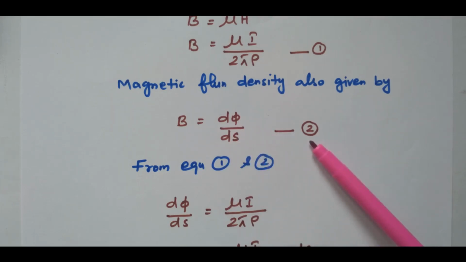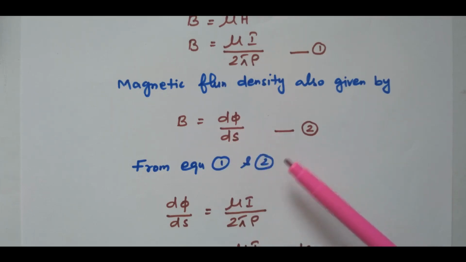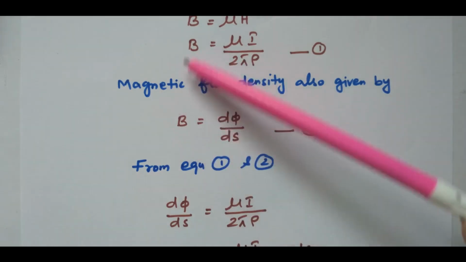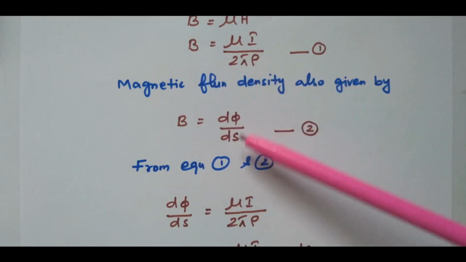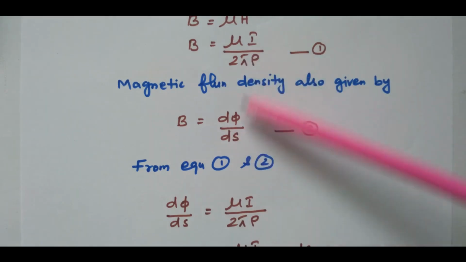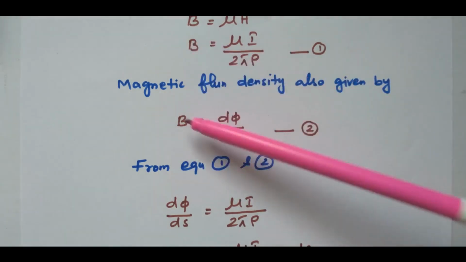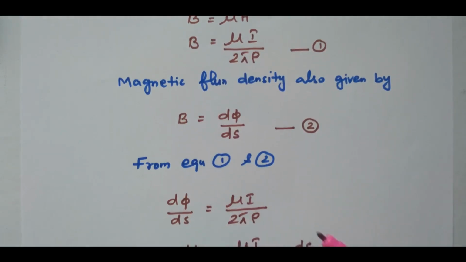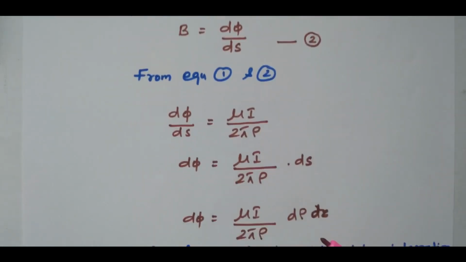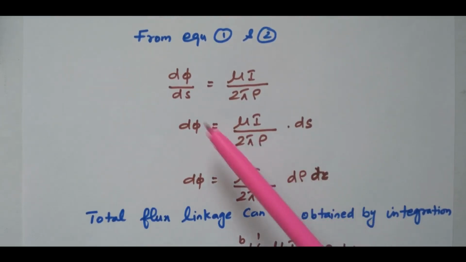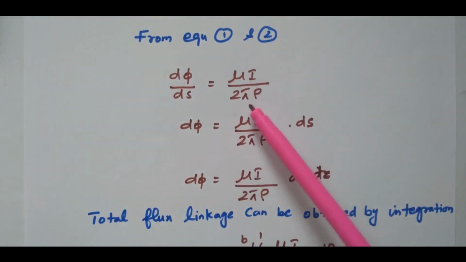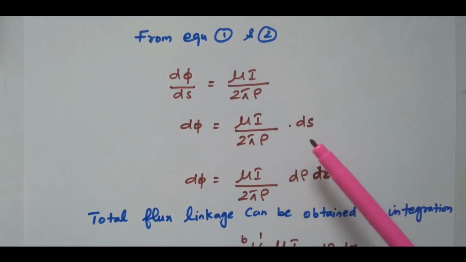Take this as equation number 2, right? The left hand sides are equal, so we can equate the terms on the right hand side, because these two parameters on the left hand side are equal. So, from equations 1 and 2, d phi by ds equals mu I divided by 2 pi rho, right?